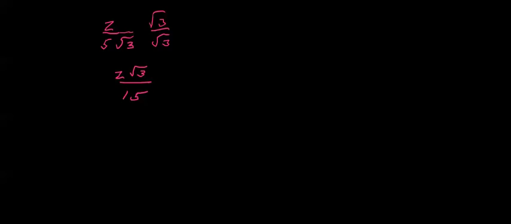If you have something like 2 radical 63 over 7 radical 20, don't multiply numerator and denominator by the square root of 20.